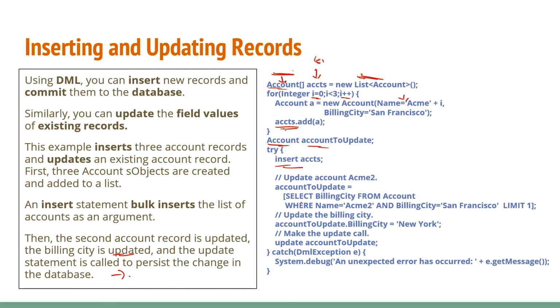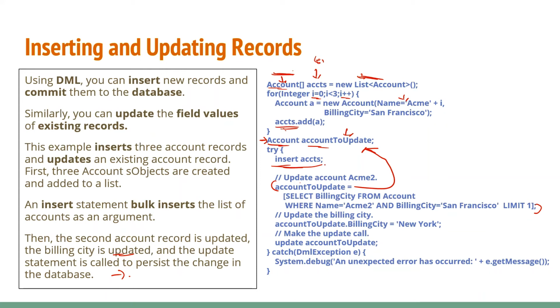So now we will just run this particular SOQL query, and that is accountToUpdate. So now we have defined Account, and accountToUpdate is the name. We are using this particular accountToUpdate here. Now update the billing city once we get that particular record, because we know Acme2 will be inserted.